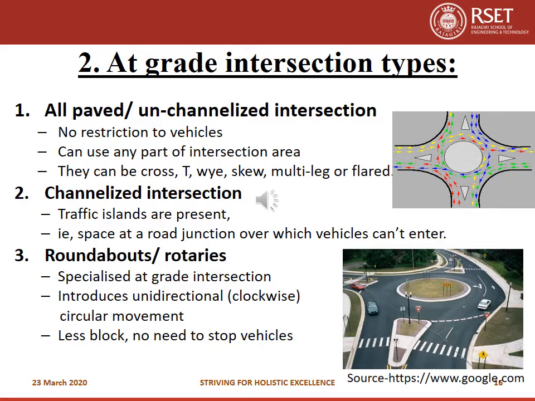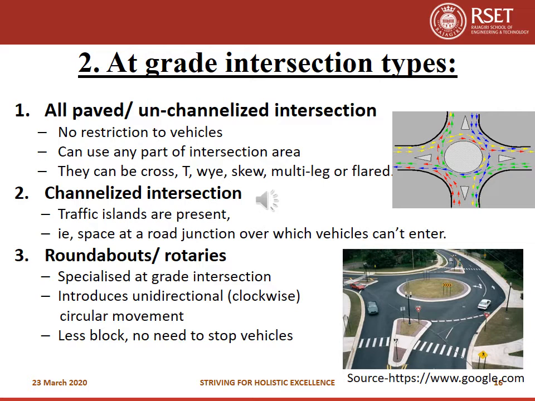Then comes roundabouts or rotaries. In this figure you can see a circular region in the middle of the intersection. So these roundabouts or rotaries are specialized at grade intersections which introduce unidirectional circular movement of vehicles.